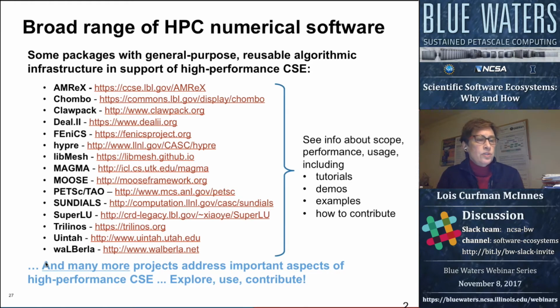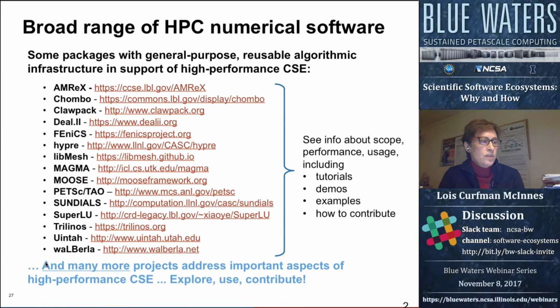As Mike mentioned, there is just a wealth of wonderful software available out there. Here's a list of just a few packages that have general purpose, reusable algorithmic capabilities in the high performance computing space.